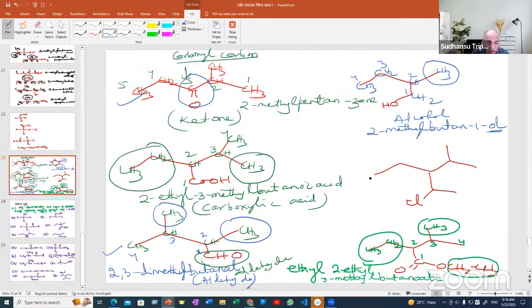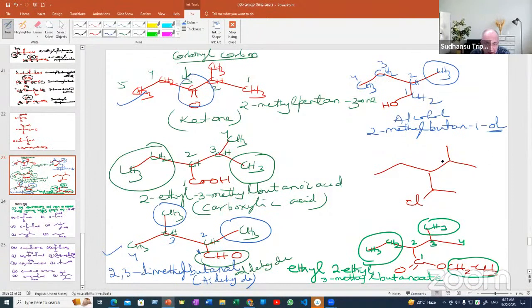If you go in this direction, 1, 2, 3, 4, 5, then the locant will be 2, then again 3. So in both the cases, it will be 2, 3, 2, 3. So if the locants of branches match. Supposing in this direction it would have been 2, 3, and in this direction it would have been 2, 4. Supposing this would have been here. So in that case, the 2, 3 would have been preferred over 2, 4.